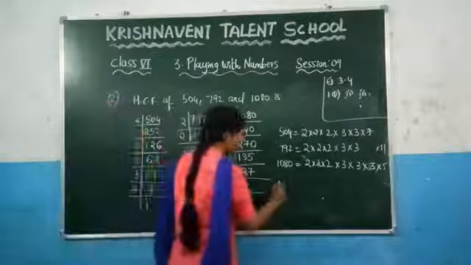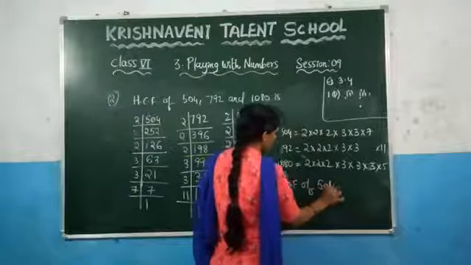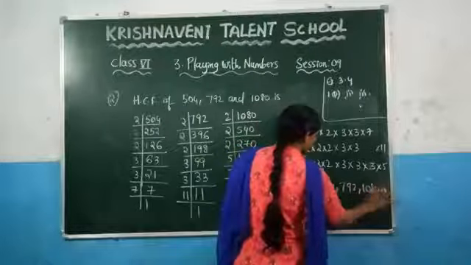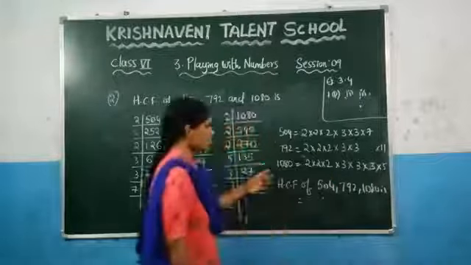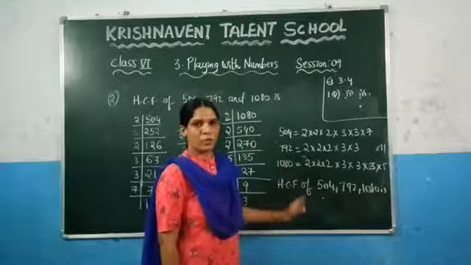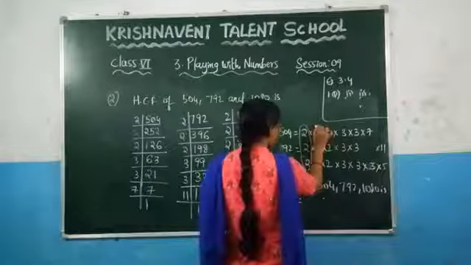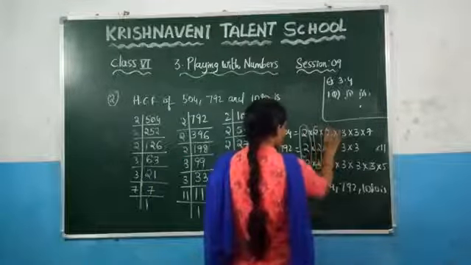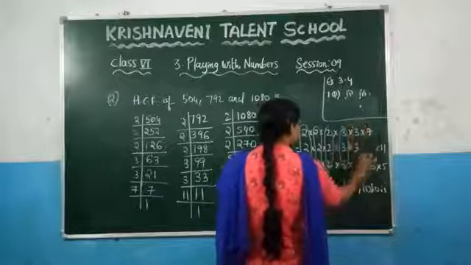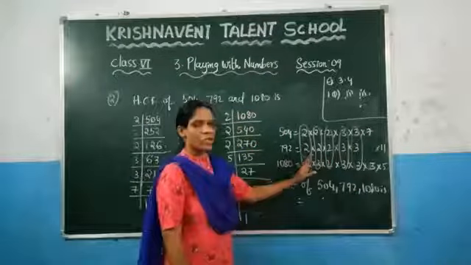So if you want to find the HCF of all these numbers, which is 504, 792 and 1080, what we need to do, we need to check what is the common factor among these, and after that you need to take the product of these values. So here 2 is the common factor and here also 2 is the common factor and here 2, 3 and 3. These are the common factors. If you want to find the HCF, just take the product of these values.